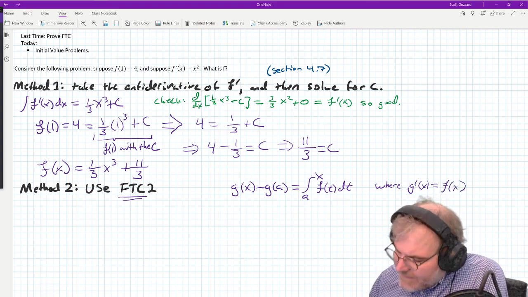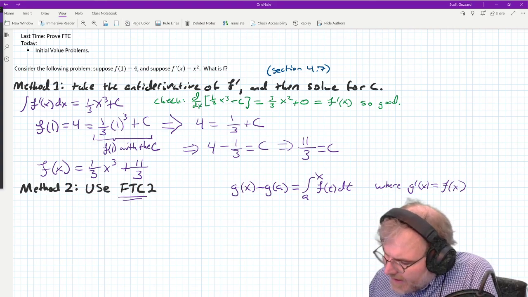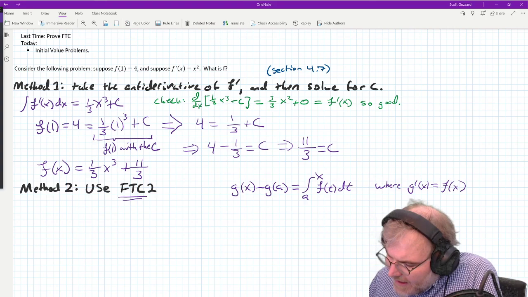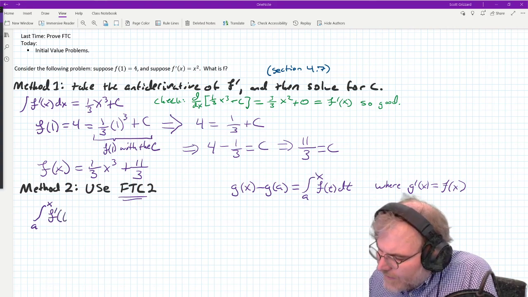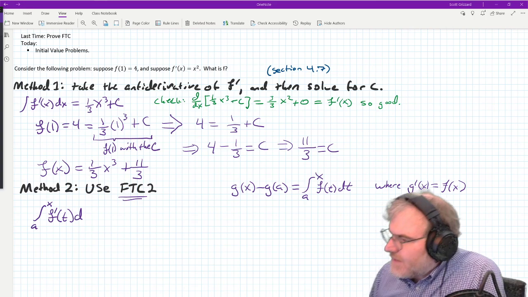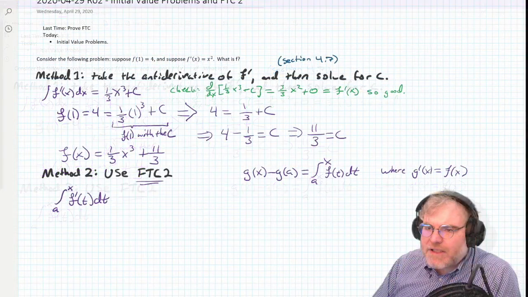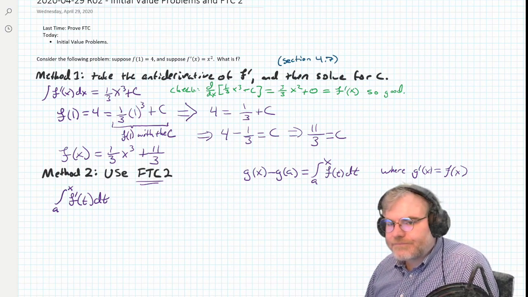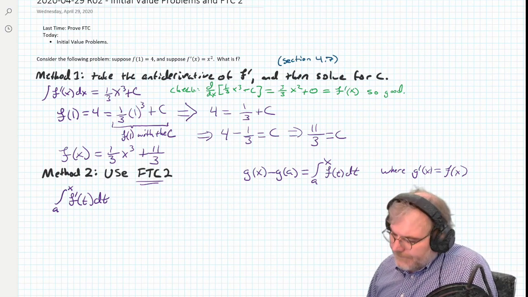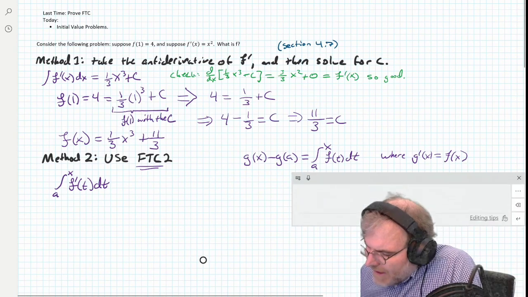And what I get is the following. I get that the integral from a to x of f prime of t dt, because what I have here is f prime. All right, does everyone see that? That what I have here is f prime. So that's really my f. And my g is f.